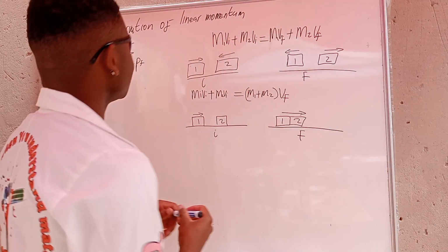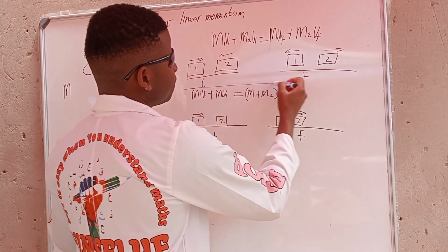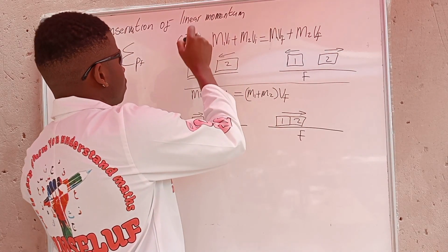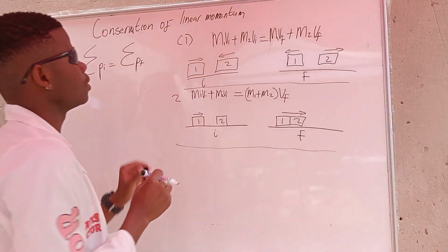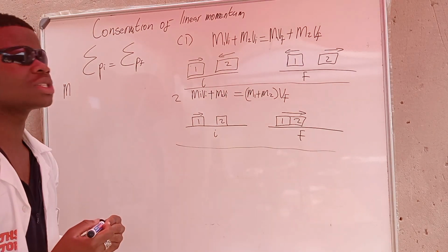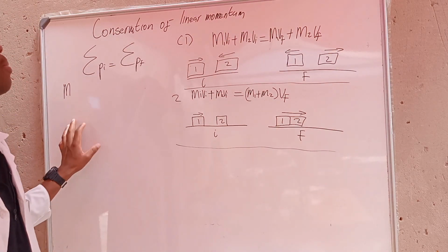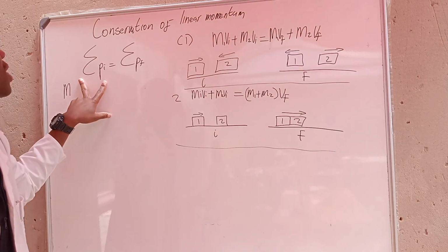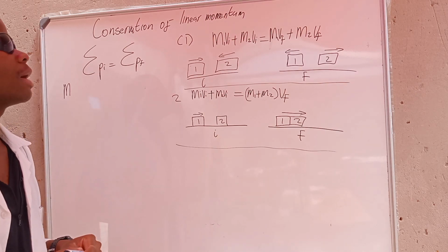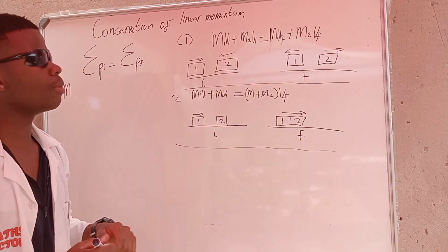Now let's describe the first scenario, and then I'll describe the second scenario. If you want to state the conservation of linear momentum, you can write it like this: the sum of the initial momentum is equal to the sum of the final momentum.